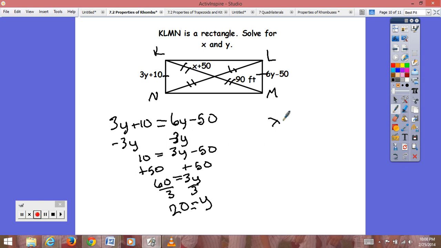So we can set x plus 50 equal to 90. Subtract 50 from both sides. We get that x equals 40 feet.